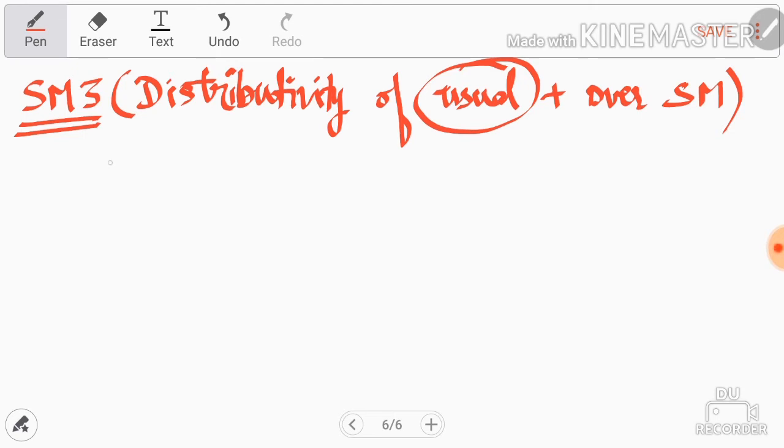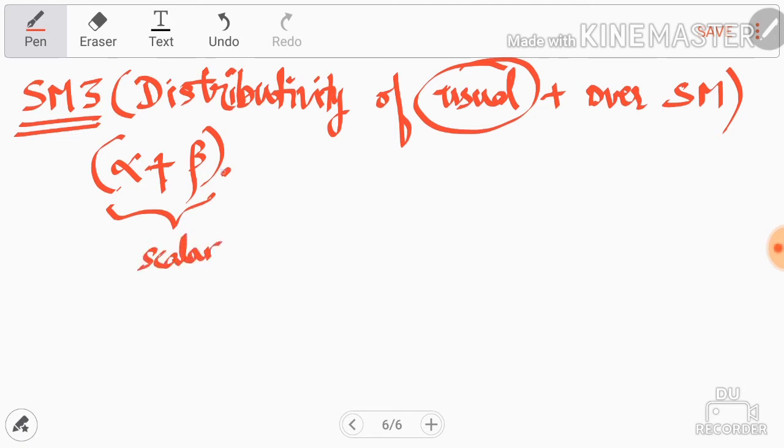Okay, what would this mean? This simply means that if I add two scalars with the help of this usual plus, and if I multiply, you know that when you add two scalars, you again get a scalar. When I multiply this scalar with a vector, it is same as multiplying the scalar alpha with the vector v and adding it to another multiple of v by the scalar beta.